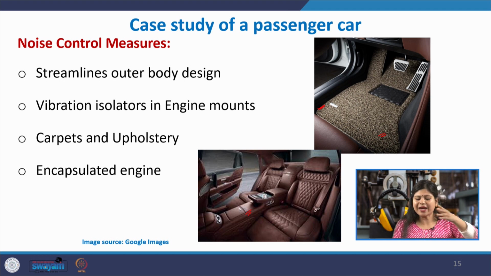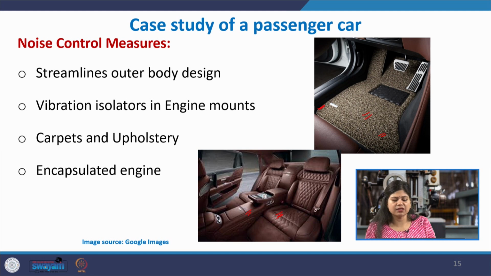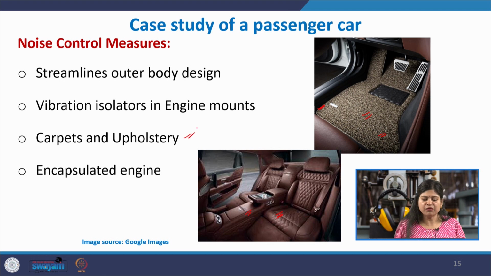So if you line the inside body of the car with a lot of absorbing materials, like these kinds of pads and carpets, they are going to control the reflections and bring the noise level inside the car's cabin down. These help in controlling the reverberant field inside the cabin. They control reflections.